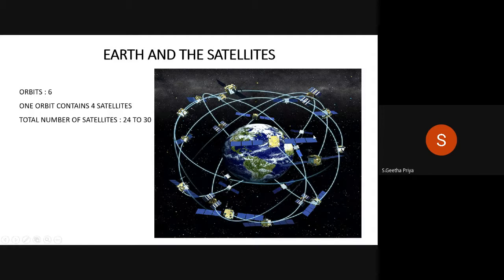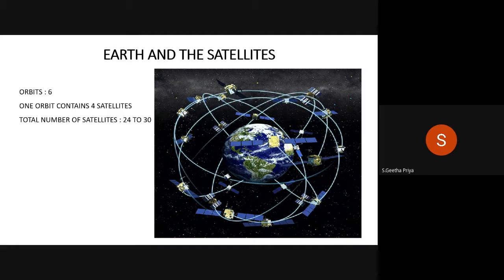In this image, you can see the orbits around the Earth. There are six orbits surrounding the Earth, and each orbit has four satellites. So six orbits times four satellites, and overall the total number of satellites will be 24.